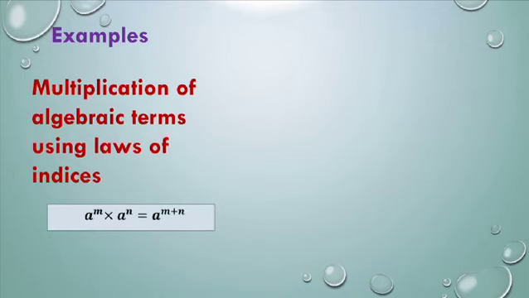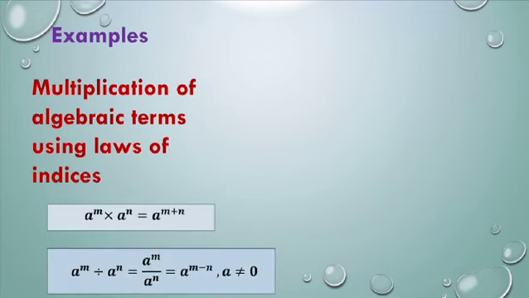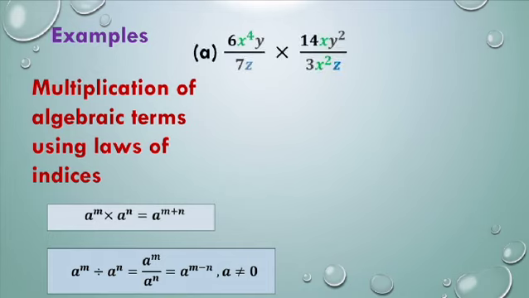The first one is the multiplication law, that is a to the power of m times a to the power of n will give me a to the power of m plus n. And the division law gives me a power m divided by a power n, which is a to the power of m minus n. So we are going to use these two laws now to simplify.